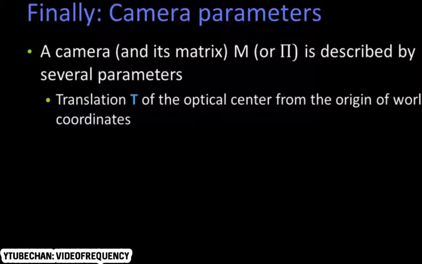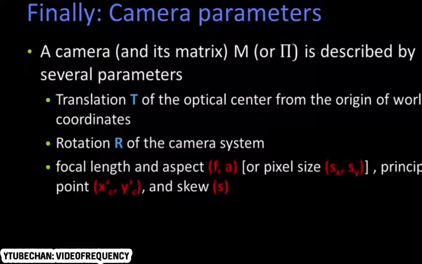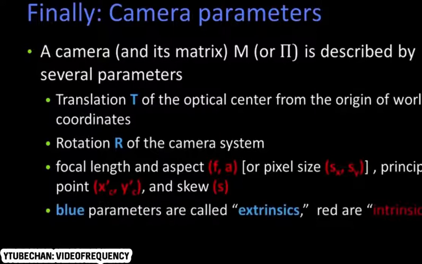It's got a translation, T, of the optical center from the origin of the world. We've got a rotation, R, of the coordinate system. We've got a focal length and aspect, F and A, pixel size, SX, SY, a principal point, that's the offset, XC, YC, or CX, CY, and skew. In this slide, the blue parameters are called the extrinsics and the red are the intrinsics.